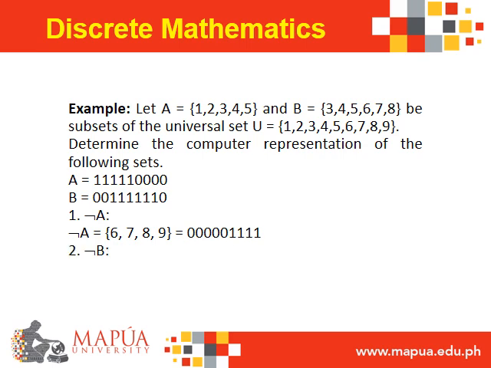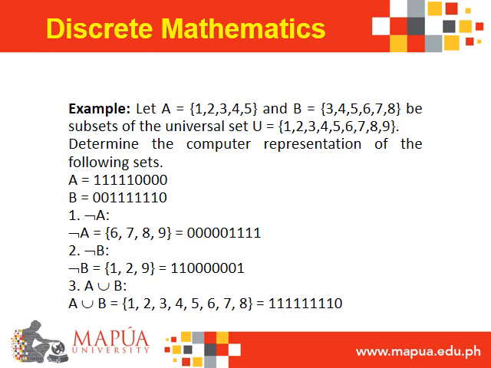If we evaluate now the complement of B, which comprises this time the values 1, 2, and 9, you would end up with this following bit string. And finally, for A union B, whereby the set comprises values 1 to 8, this now would be your respective bit string.